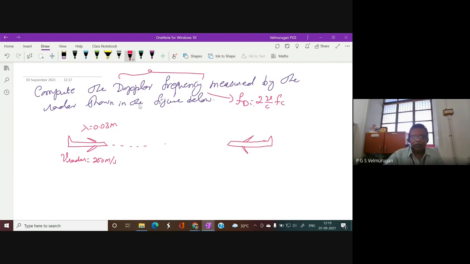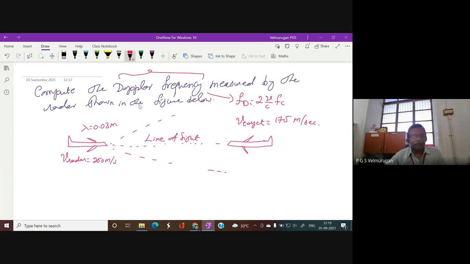This is the line of sight, LOS, between these two radars. You consider it as a target, and it is coming at a velocity of 175 meter per second.